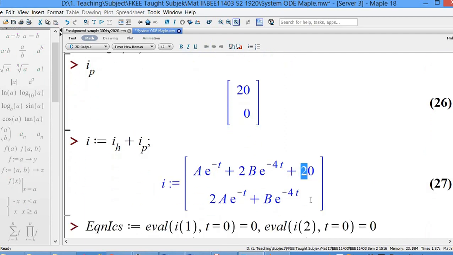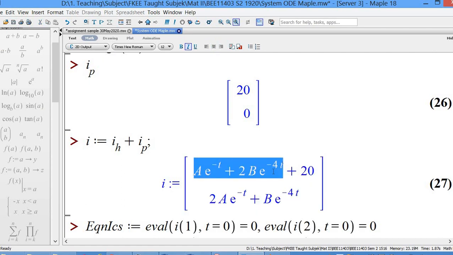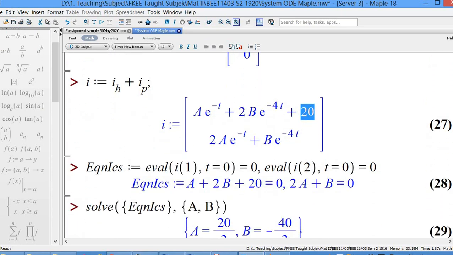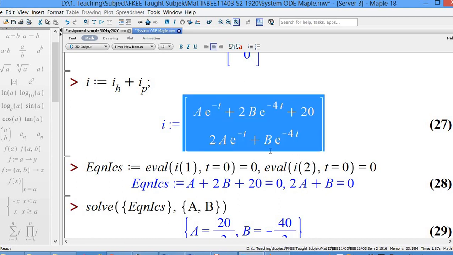So this is IH, and this is IP. Notice that I here is equations, not functions.